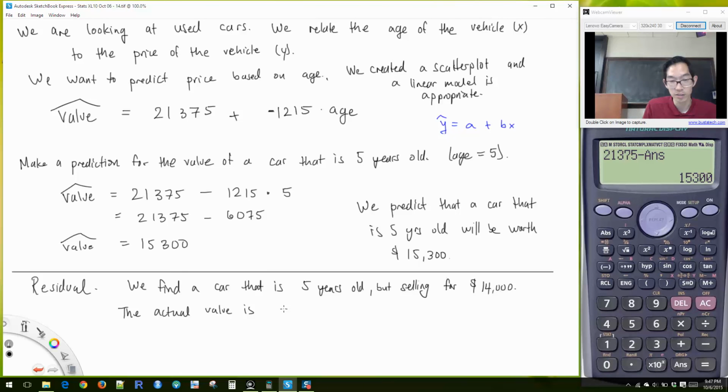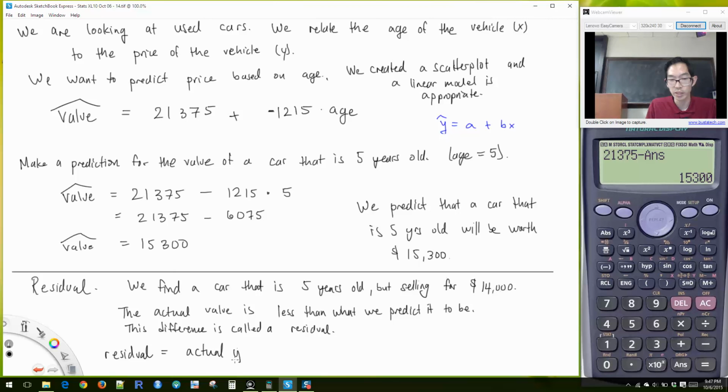Okay. The actual value is less than what we predict it to be. This difference is called a residual. And so the residual is equal to the actual value, or actual y, minus the predicted y.